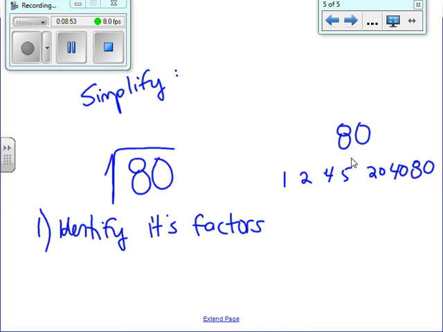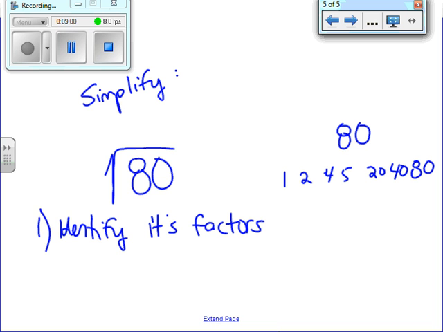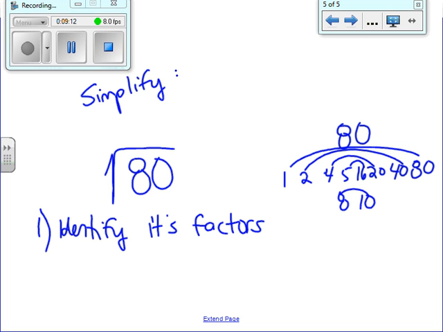Let me just fix this. So that works. Okay, 5 times 16. What else? We got 8 times 10. I think that's it. Yeah, got everything else. Okay.